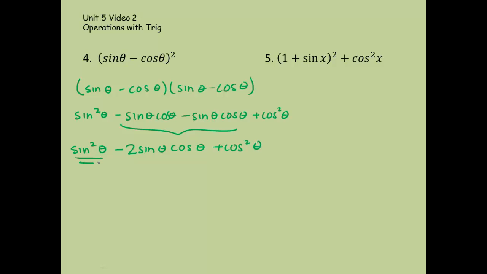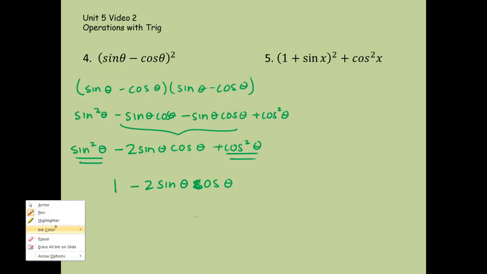But my last step again is to notice that I end up here with a Pythagorean identity of sine squared plus cosine squared to be 1. So my final answer here, after multiplying these, is 1 minus 2 sine of theta cosine of theta.